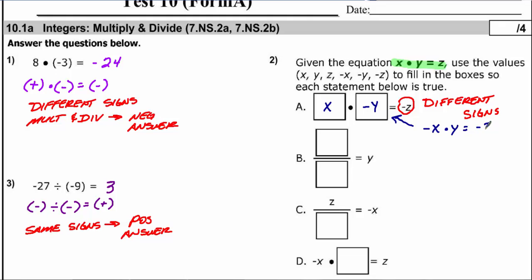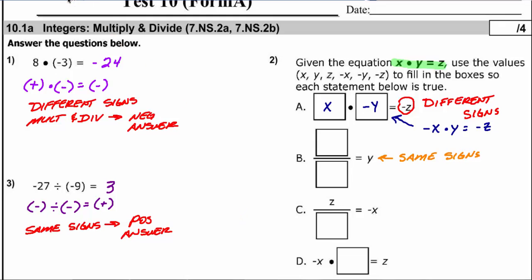That would also give us opposite of z. As long as the signs are different, negative sign, positive sign, the answer will be negative. On B, since this is positive y, we know that we're dealing with same signs.